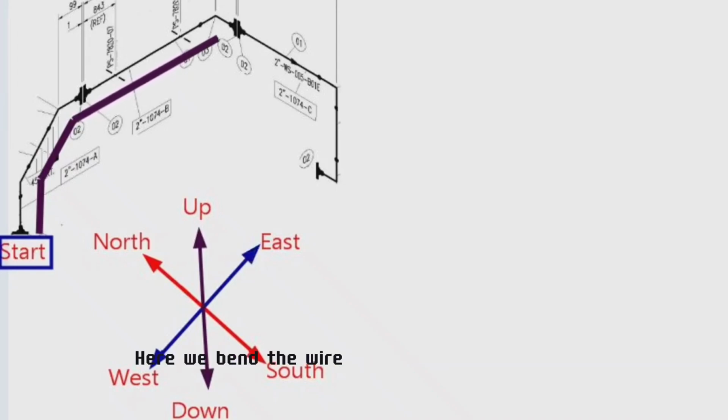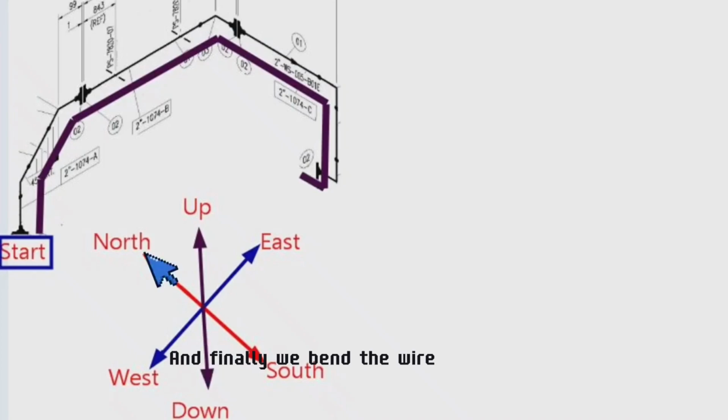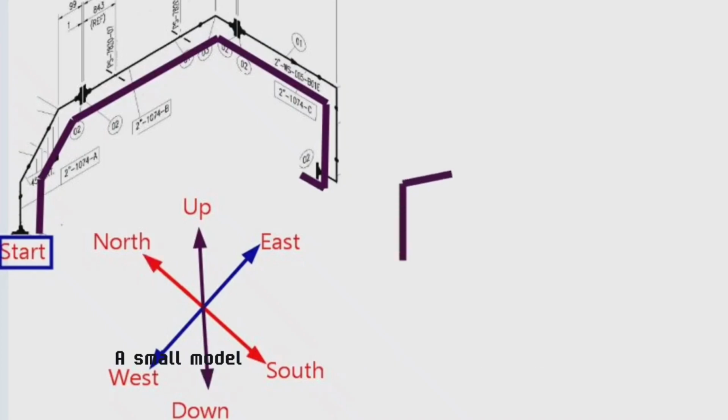Here we bend the wire at an angle of 90 degrees to the south. Then we bend the wire down at an angle of 90 degrees. And finally, we bend the wire to the north. A small model of the pipeline bent from wire is ready.